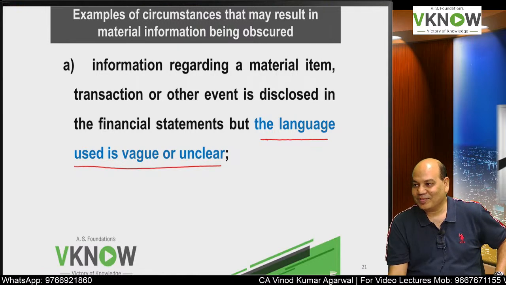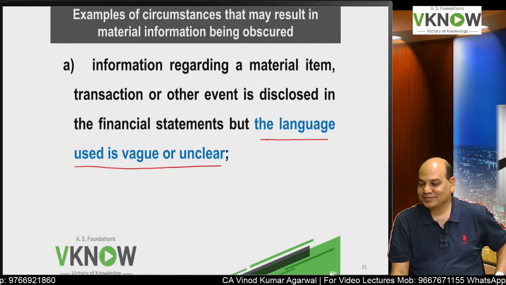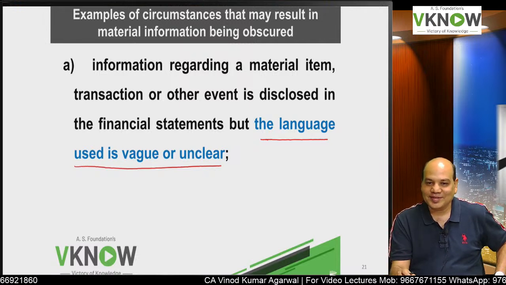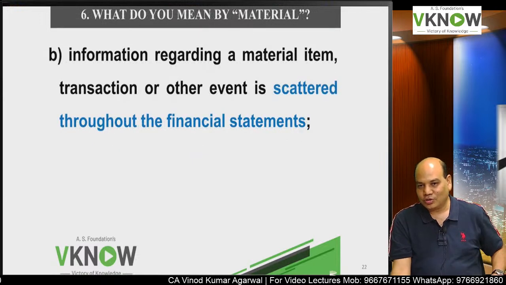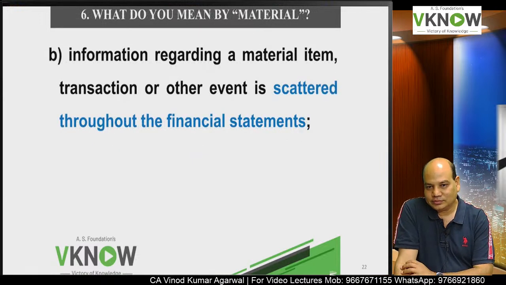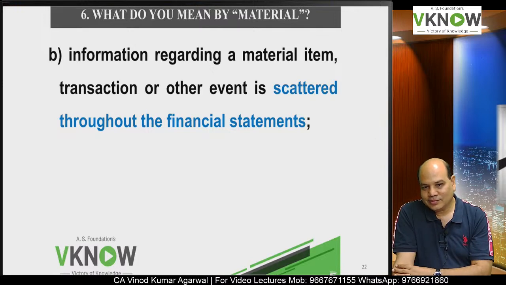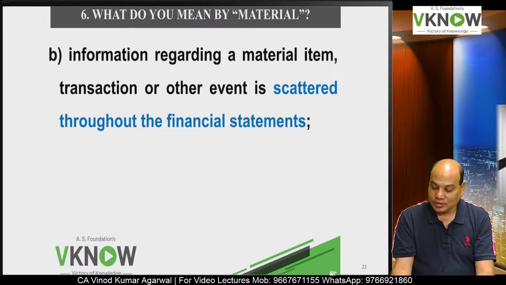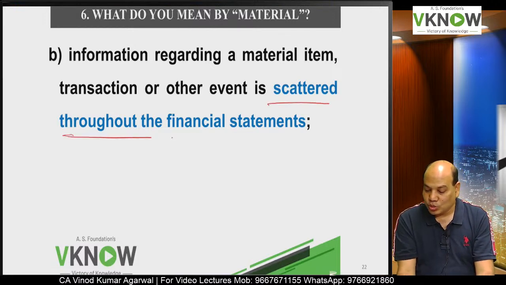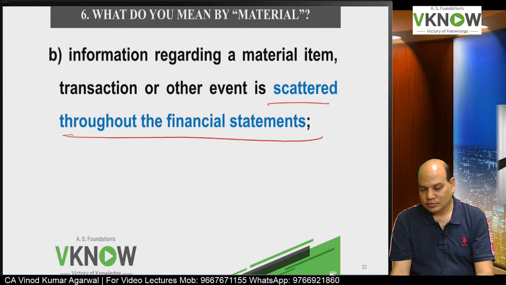More importantly, even better example, the answer you write in that EIS paper, neither you understand nor the examiner understands, and then using a coin he gives you the marks. Heads 5 marks, tails 3 marks. Second is information is scattered throughout the financial statement rather than putting all the information in one place.